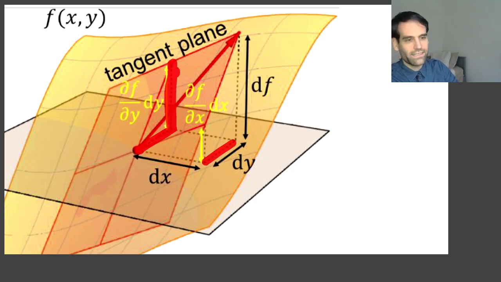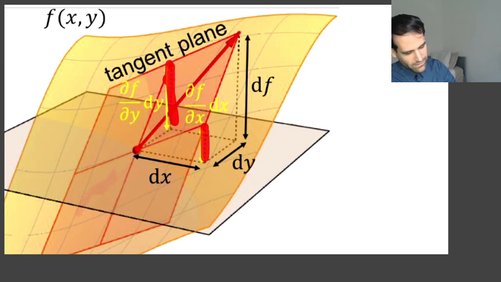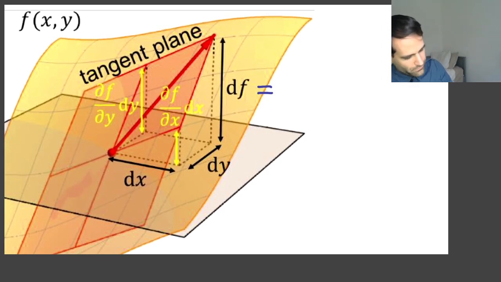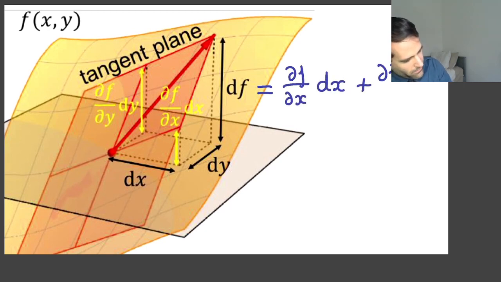And this gives you this height here. By adding this height to this height, we end up with this height, which is df. Therefore you can write that the total differential df is equal to partial of f with respect to x times dx plus the partial of f with respect to y times dy.